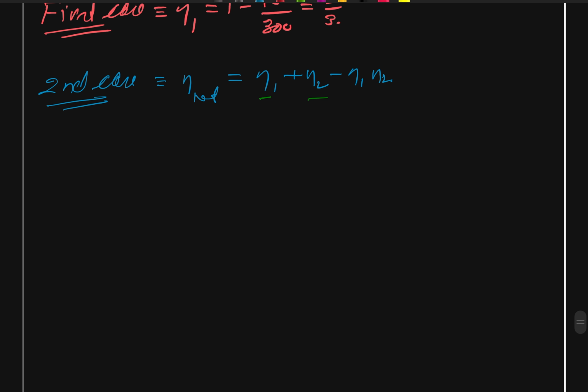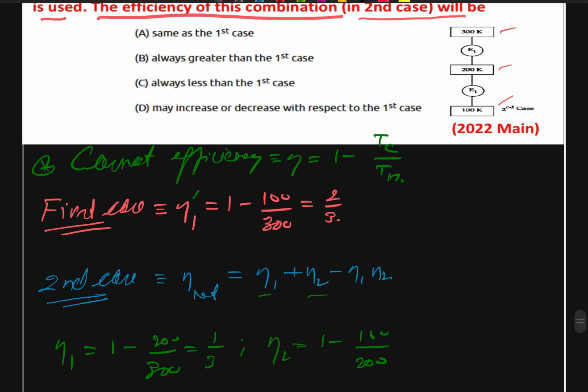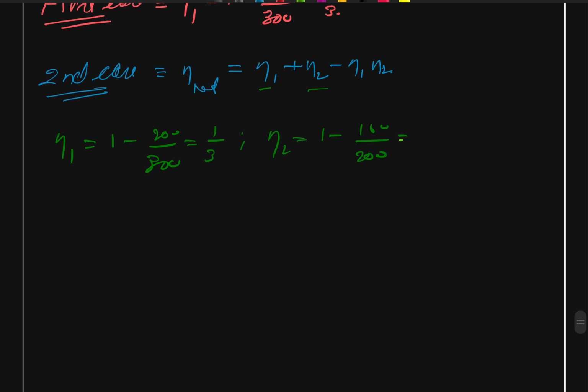So in this particular case, our nu1 will be equal to 1 minus 200 upon 300, which gives us 1 by 3, and nu2 is equal to 1 minus 100 upon 200, which gives us 1 by 2.